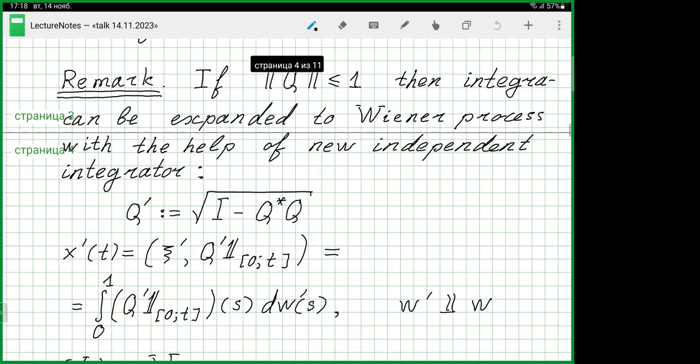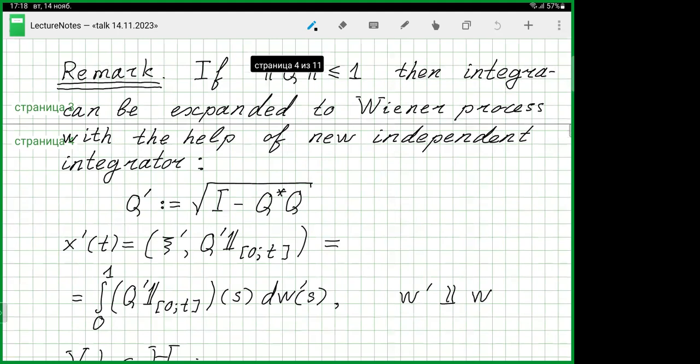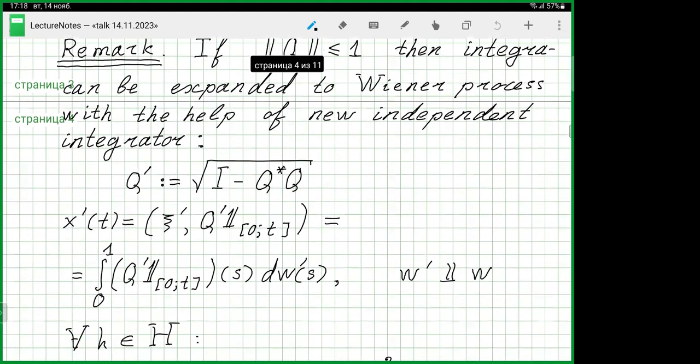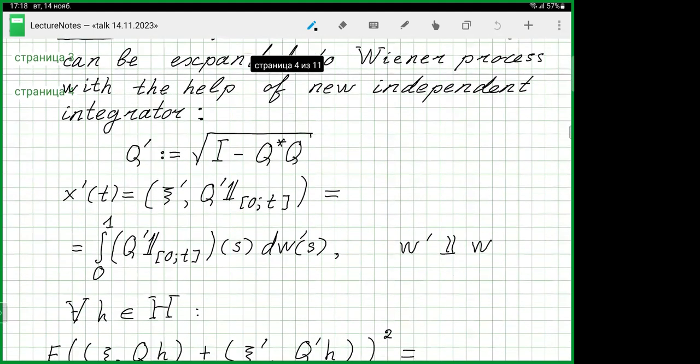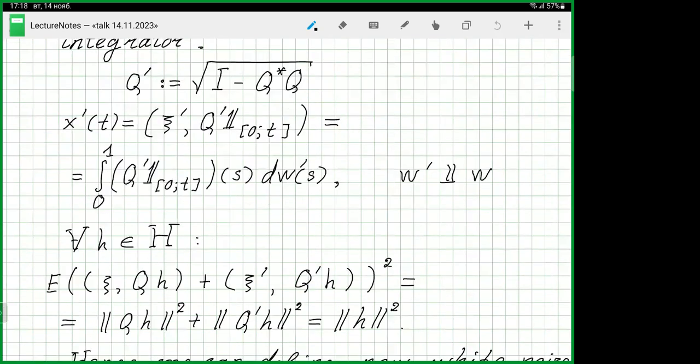And then for all h from our Hilbert space, here I sometimes use notation H. This is the set of L2 of [0,1]. I just use notation H for simplicity.